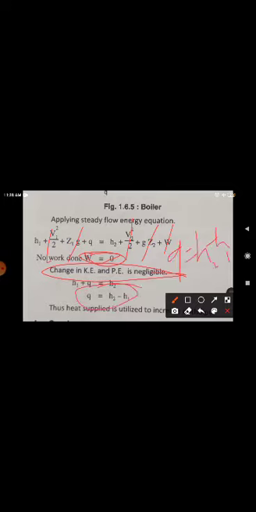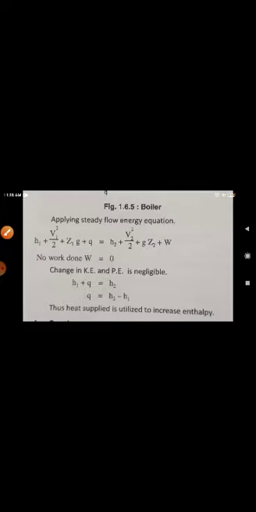Thus the heat supplied is utilized to increase enthalpy. In the steam turbine, enthalpy was producing work, and in the boiler this enthalpy is nothing but the heat supplied.